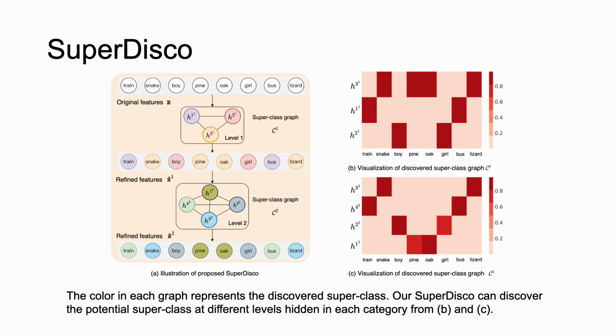And from figure B, we found that the snake, lizard, and the pan oak belong to the same superclass H3, but with the next level C2, we found that the snake and the lizard belong to the same superclass, but the pan oak belongs to another superclass H1. So with a higher level superclass graph, we can get a more balanced superclass.